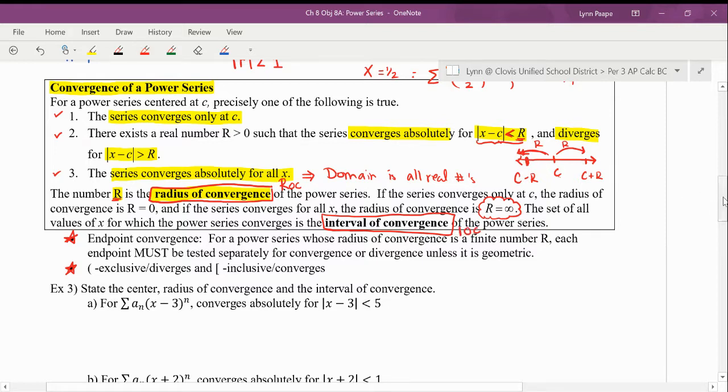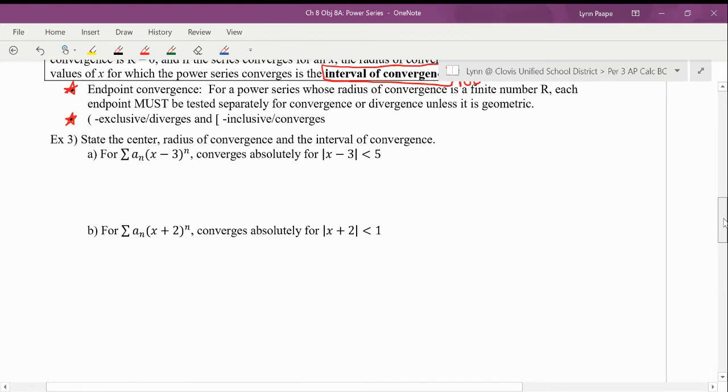Okay, so let's go ahead and take a look at a few examples here to help us try to make sense a little bit of what we just talked about. So we want to state what is our center, what is our radius, and then what is the interval of convergence, right? So we want to figure out all of that. So here, they tell us ahead of time that our series converges absolutely for this equation here, the absolute value of x minus 3 is less than 5.